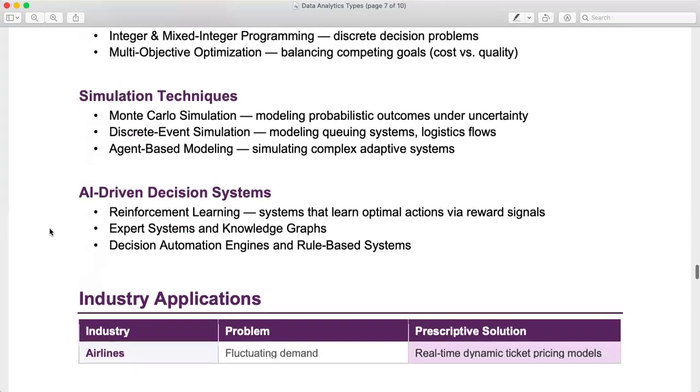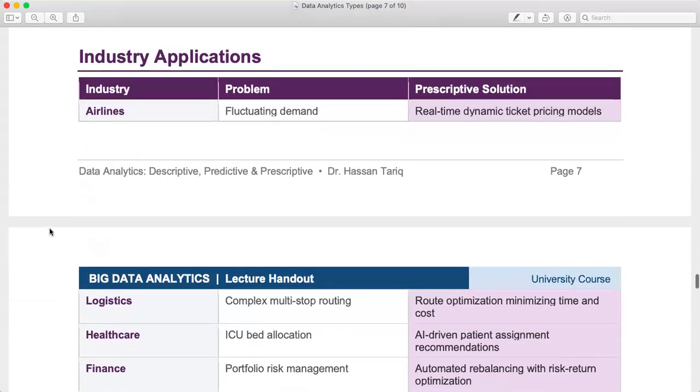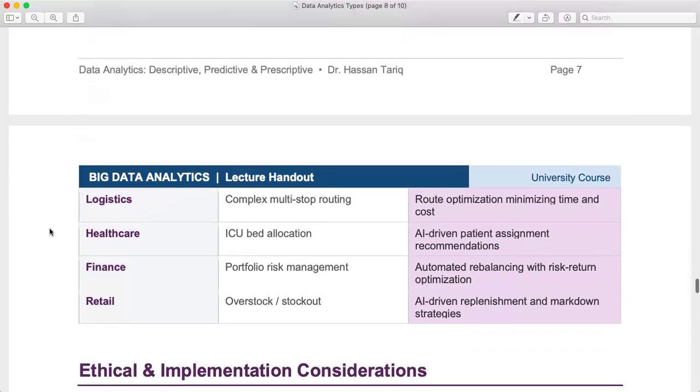AI-driven decision systems have industrial applications. In airlines, we can do dynamic ticket pricing, where pricing should change according to demand. In logistics, route optimization.